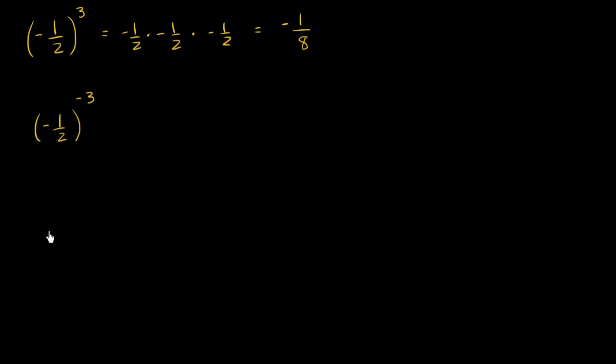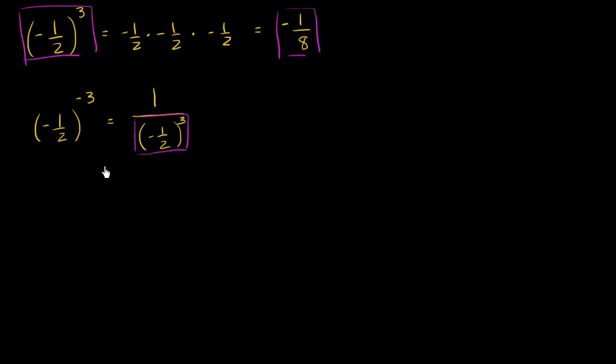Once again, I encourage you to pause this video and think about it. Well, it should be equal to 1 over negative 1/2 to the positive 3 power. We just figured out what that is. Negative 1/2 to the positive 3 power is negative 1/8.